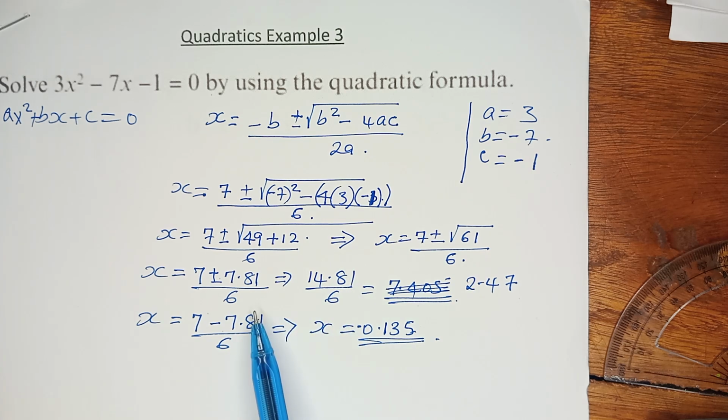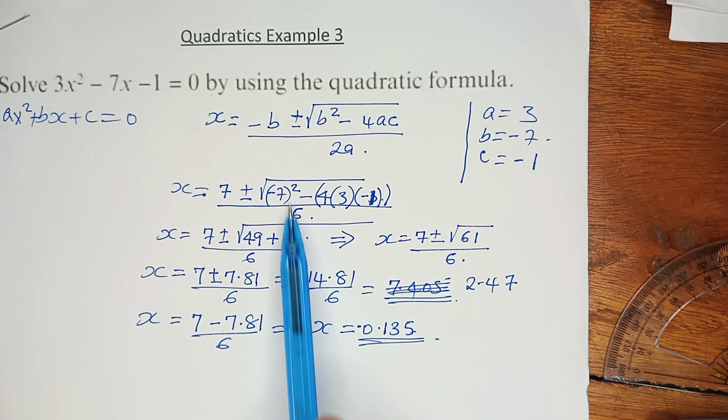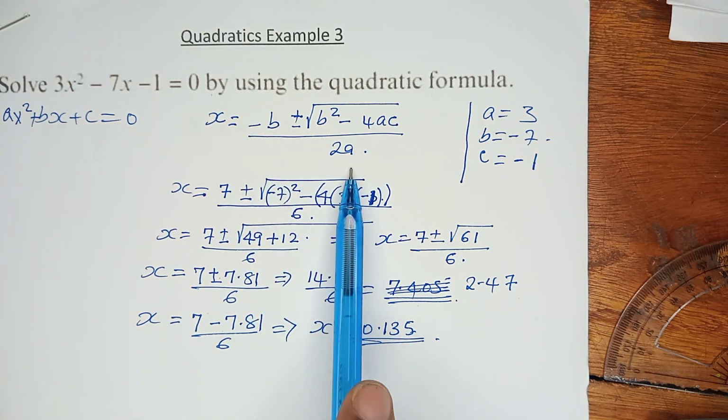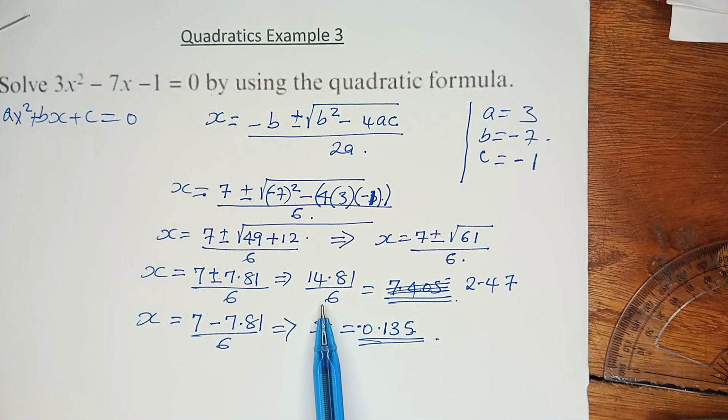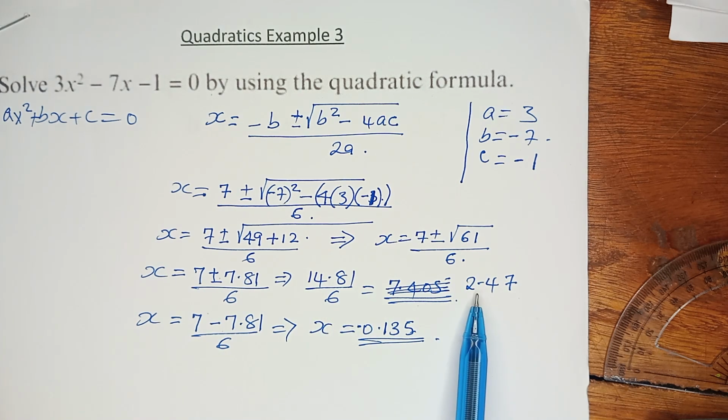Dividing this by 6, which is the denominator. Remember, division is the very last step because everything is being divided by 2a. When we divide this by 6, we get 2.47 as one value of x.